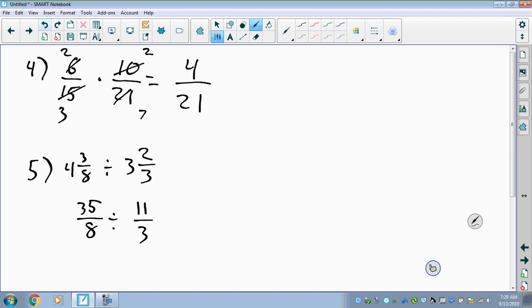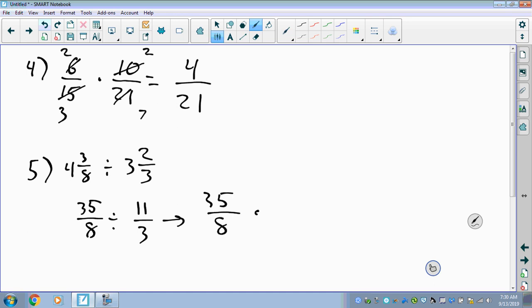So typically the rule that we have is we're going to keep the first one, change this to multiplication, and flip the second one. So you call this keep, change, flip. You can call it whatever you want, but we're going to keep the first one. So the first one is going to be 35 over 8.